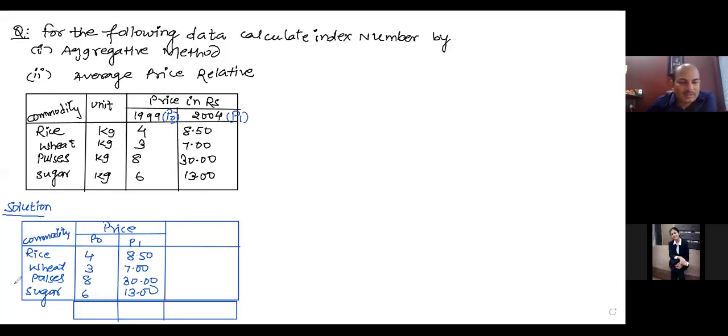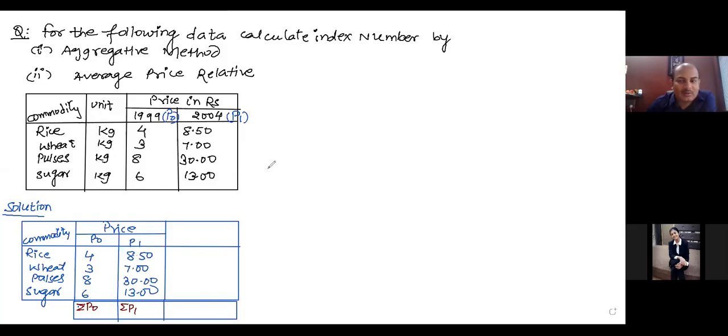What I want is summation of P0. For the aggregative method, the formula that we had discussed was summation of P1 upon summation of P0. So I want summation of these two columns, summation P0, P1.